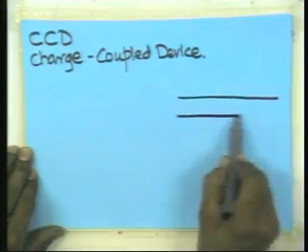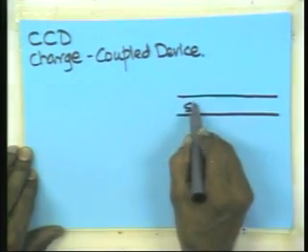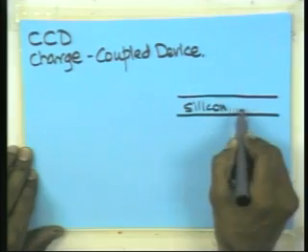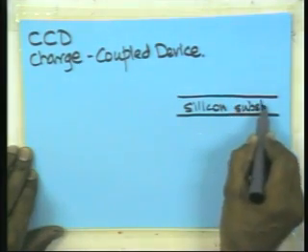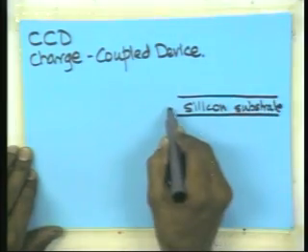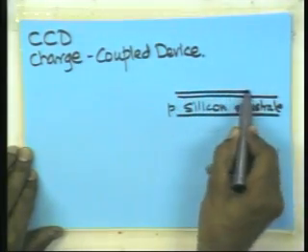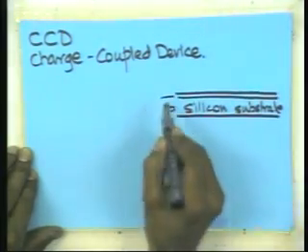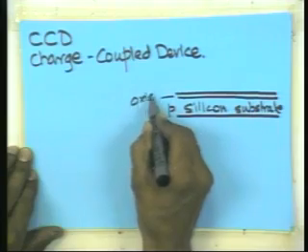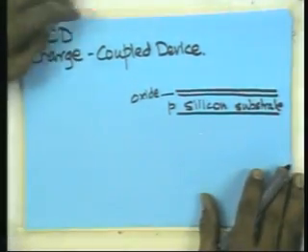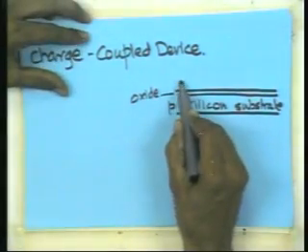You have a silicon substrate, basically p type, on which you have an insulating oxide layer, and then you form gate structures on this.